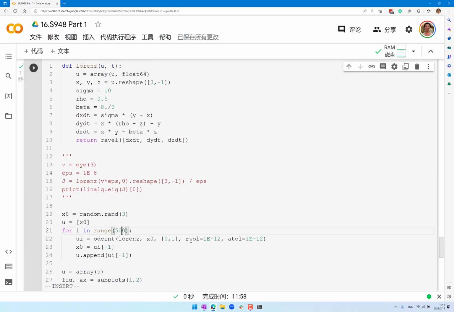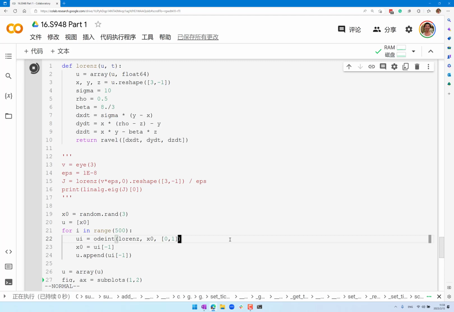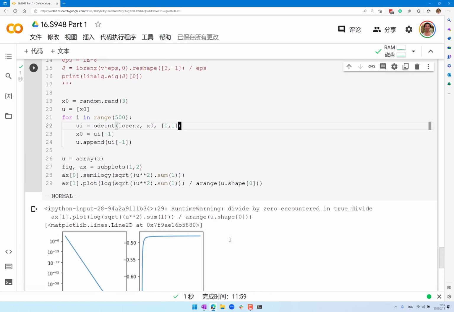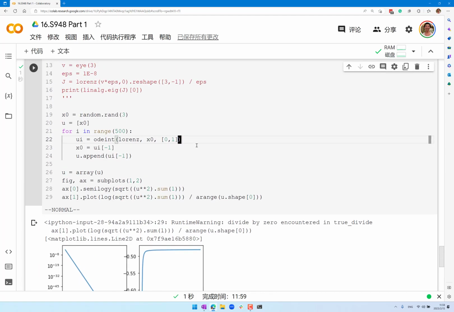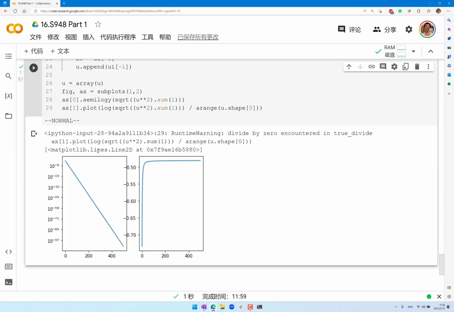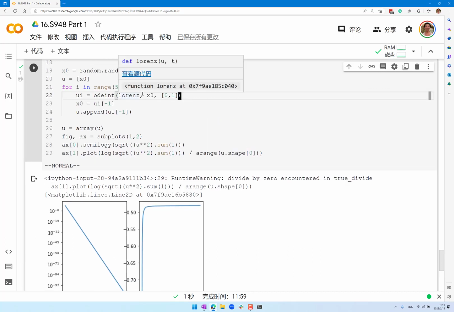Let me just get rid of the auto and ato, right? So if I integrate for 500 time units, that still works. Okay, so what I guess is the tolerance actually depends on the initial condition. So if the initial condition is small, ODE int actually adjusts the tolerance to fit the initial condition.